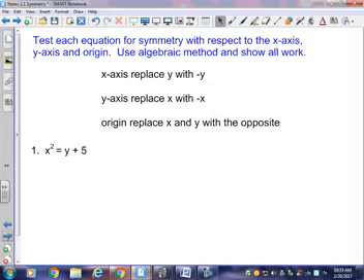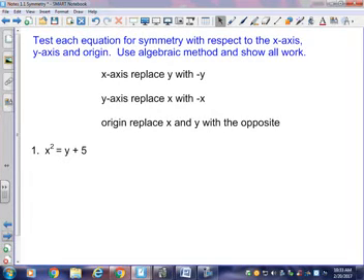And this is what we're going to be doing right here to prove it: we're going to replace y's with a negative y to prove it has x-axis symmetry. We're going to replace the x with a negative x to see if it has y-axis symmetry. And we're going to replace both for the origin. We'll make a negative x and a negative y to see if it has that.